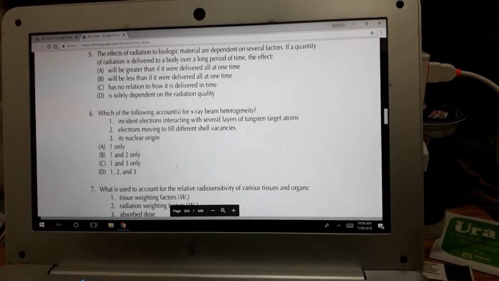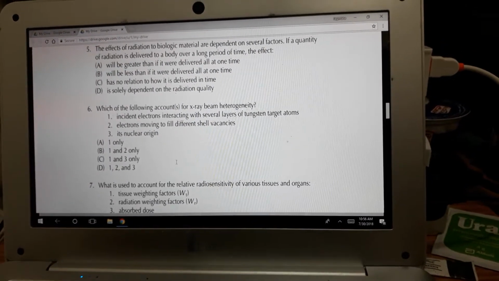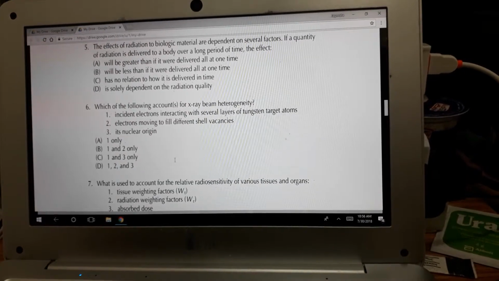Fifth one, B. Sixth one: which of the following accounts for radiation beam heterogeneity?